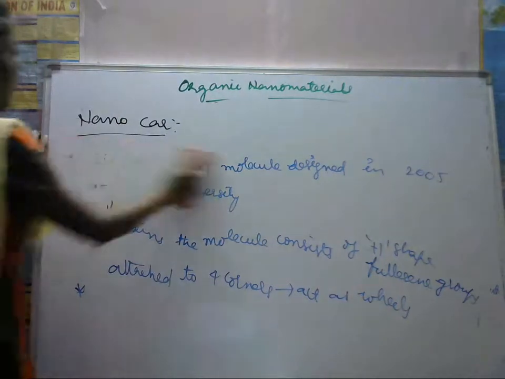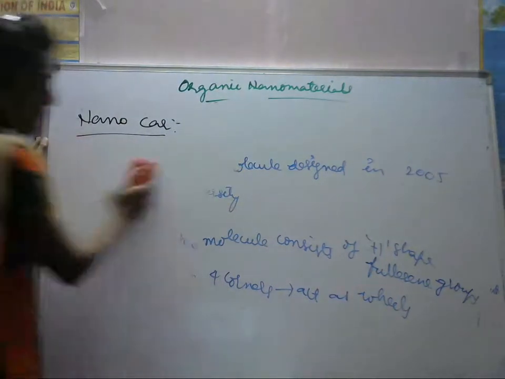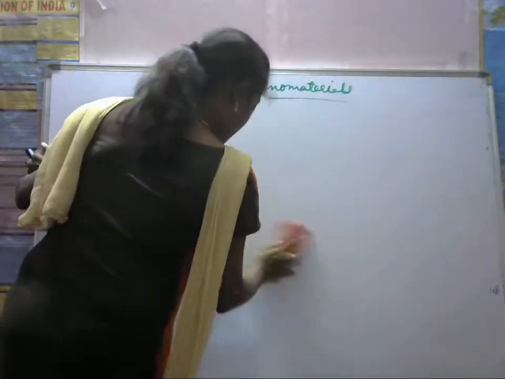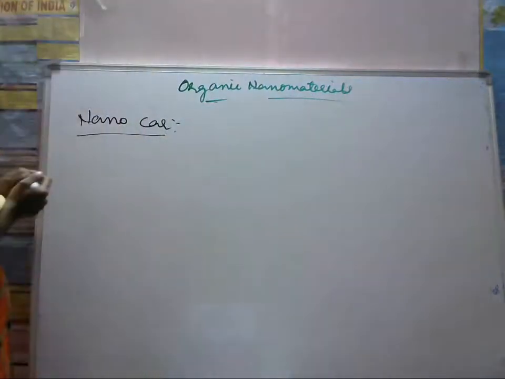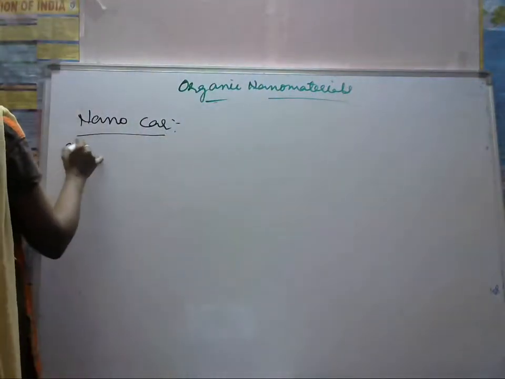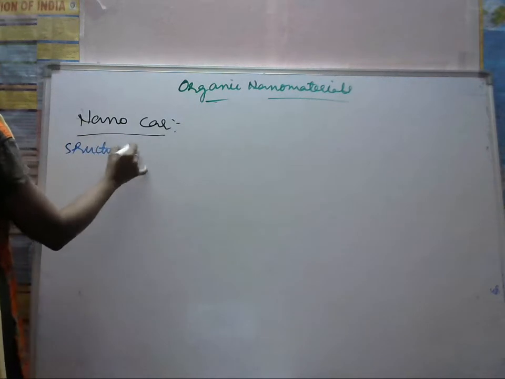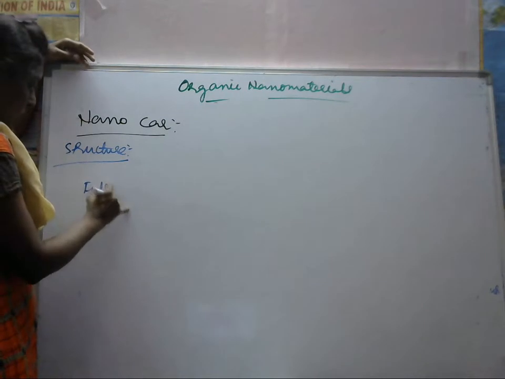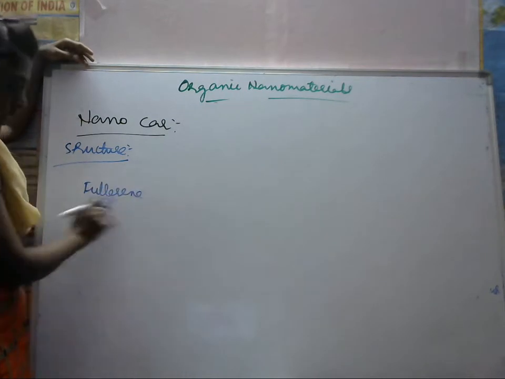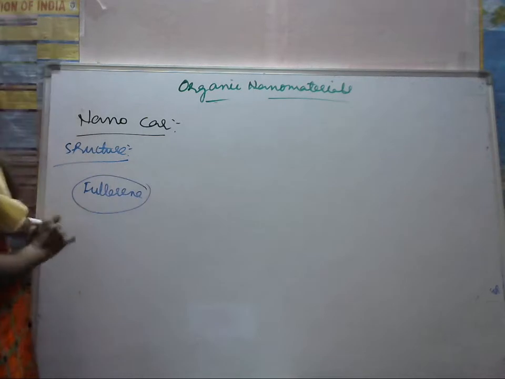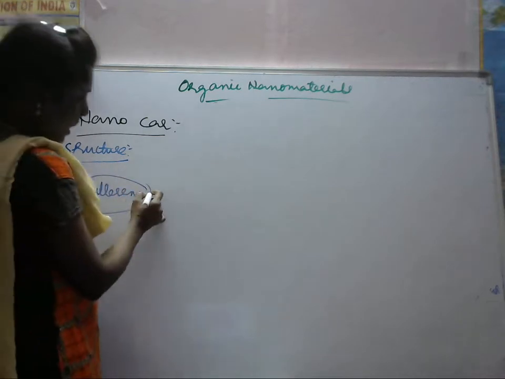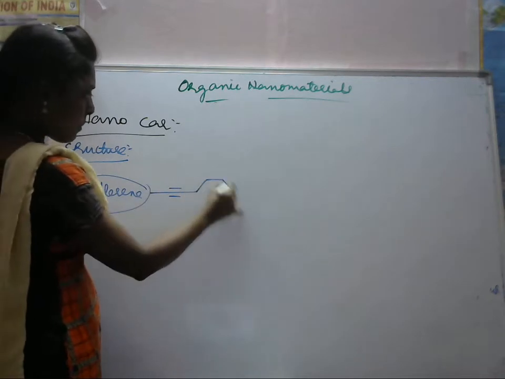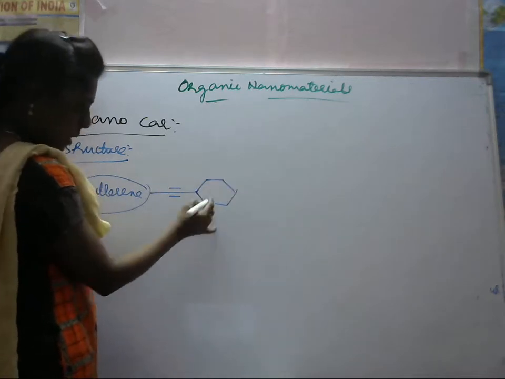Structure of the nanocar. First it is attached to fullerene. This is fullerene, and it has an alkyne which is attached to aromatic compounds.